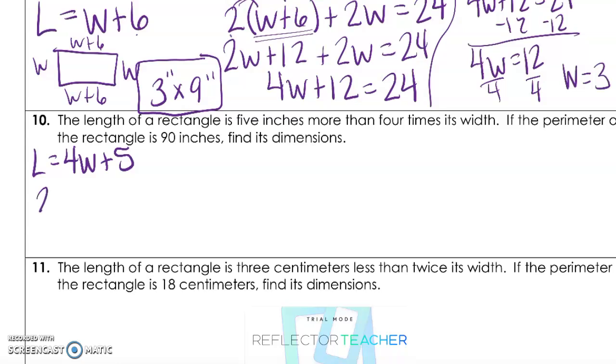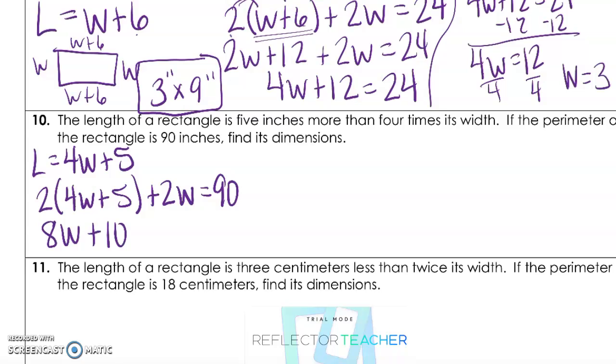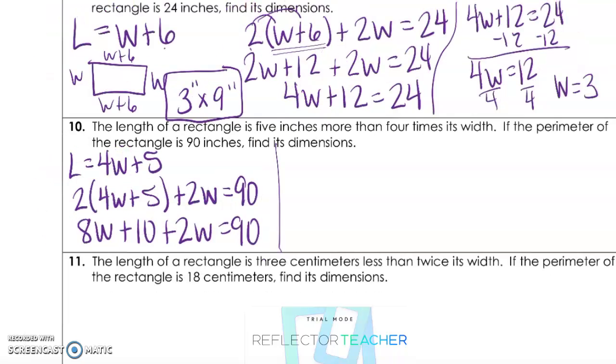So 2 times the length, 4W plus 5 needs to go in parentheses, plus 2 times the width is equal to 90 in this case. So when I distribute, 8W plus 10 plus 2W is equal to 90. I combine my like terms, giving me 10W plus 10 is equal to 90.